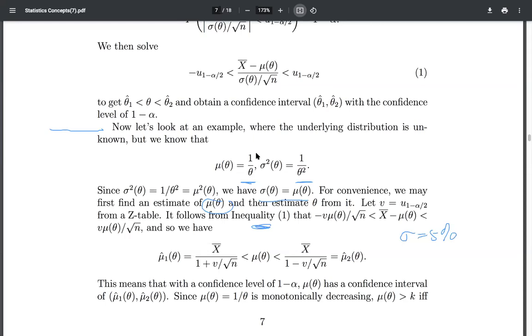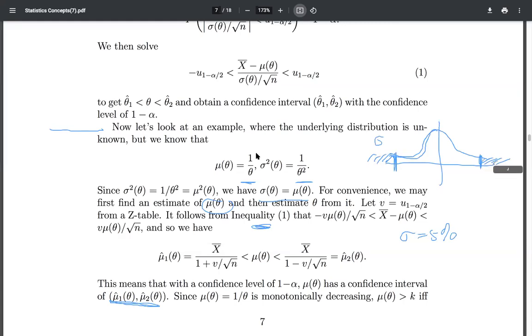I look for this value from the table. So in other words, you look at the table. Basically, what you want to know here is at which point from here on this area is sigma.